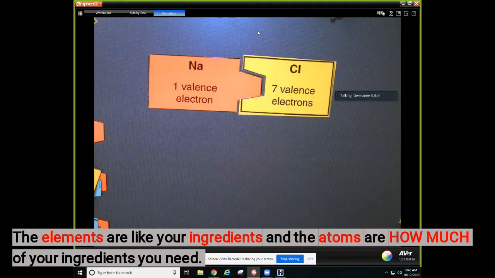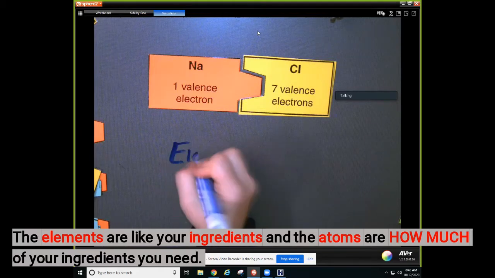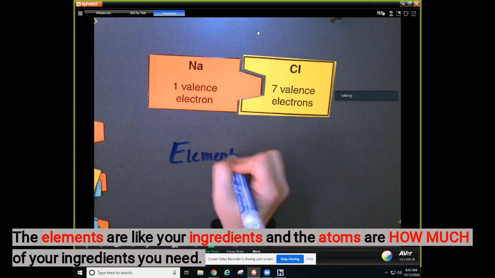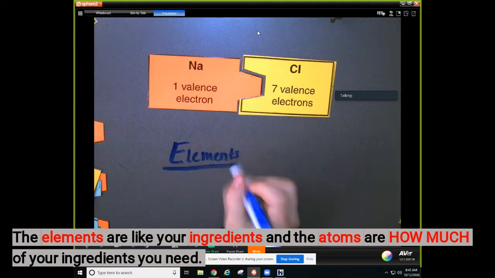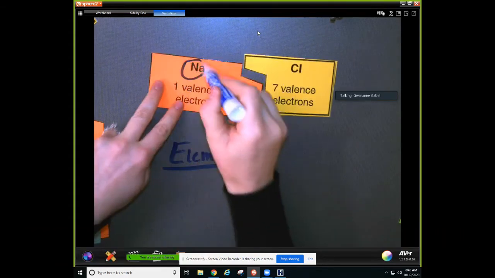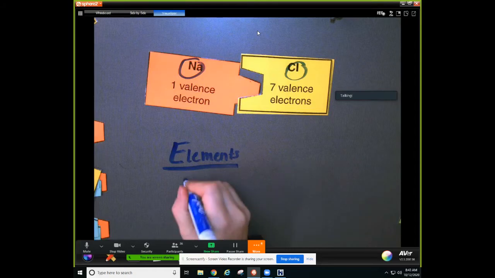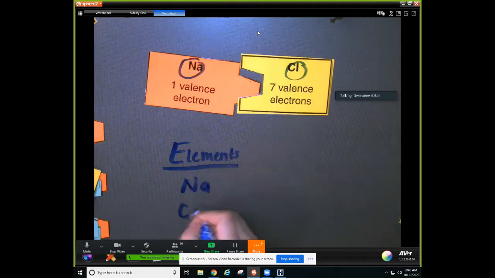So if we analyze this, how many elements do I have? I have sodium and I have chlorine.